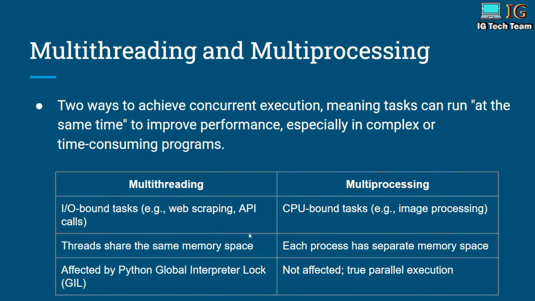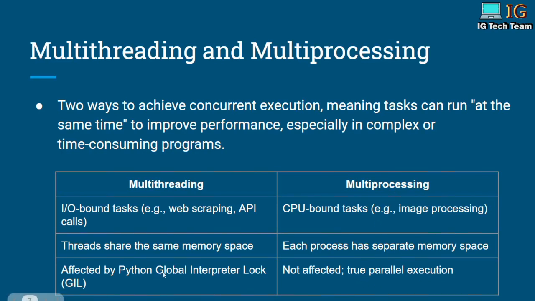And multi-threading is affected by the Python global interpreter lock, but multiprocessing is not affected. So multiprocessing is truly parallel execution.